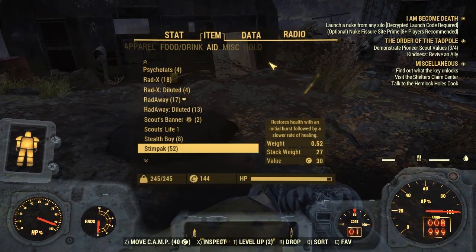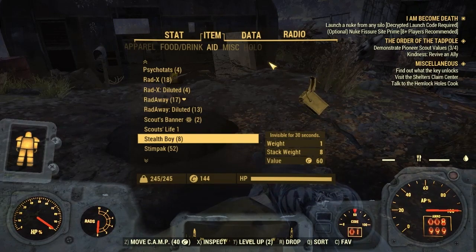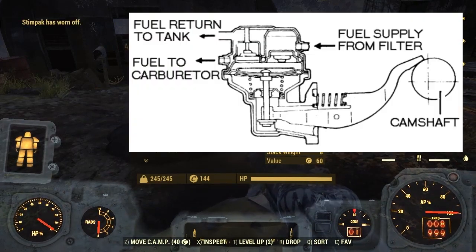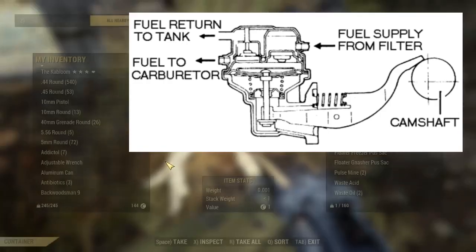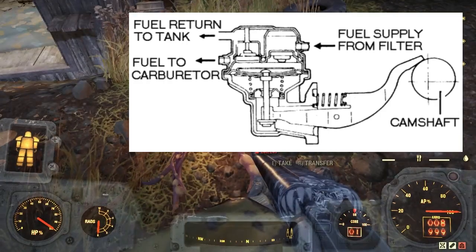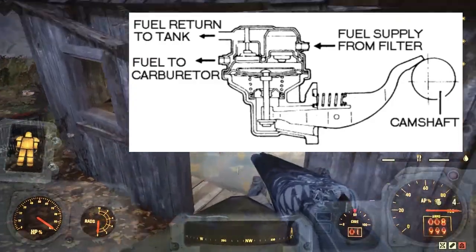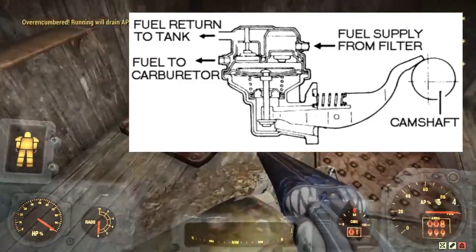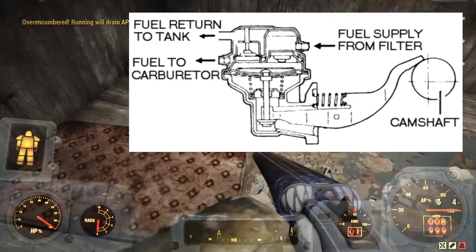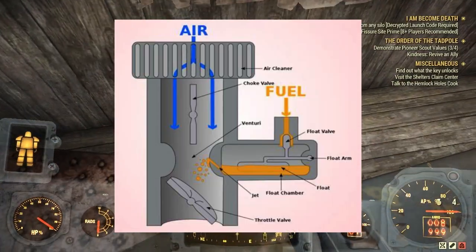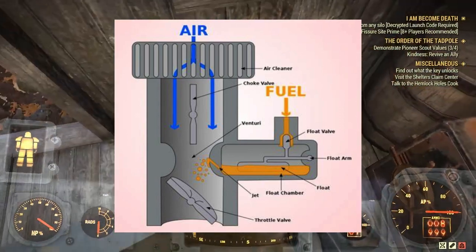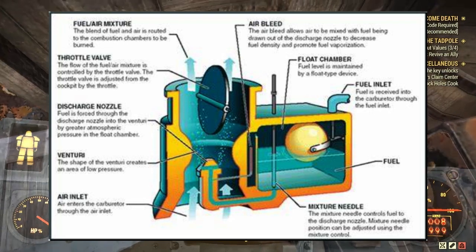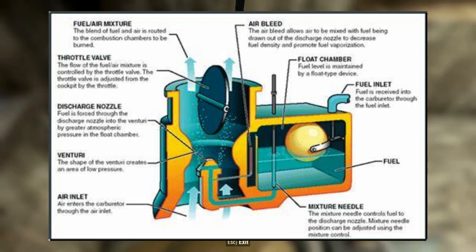Basically, it would have a line running from the gas tank all the way to a fuel pump up at the motor, and then another line going from the fuel pump to the carburetor. Once again, that's taking the fuel up to the carburetor. The carburetor basically would do two things. It would let air in, and it would also add fuel to it. So in gasoline, it adds gasoline.